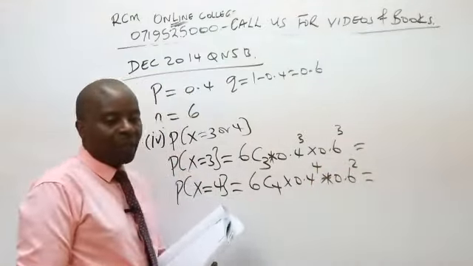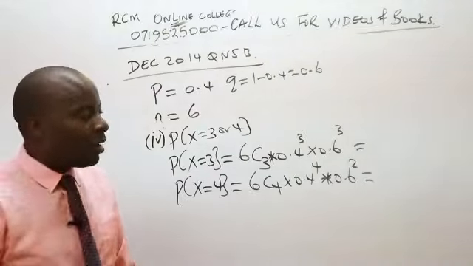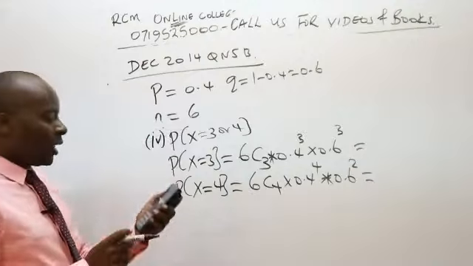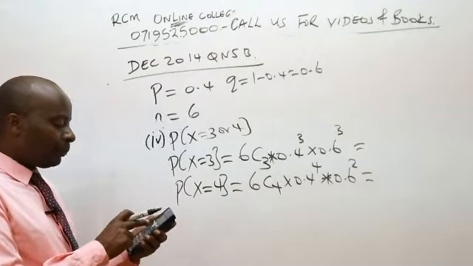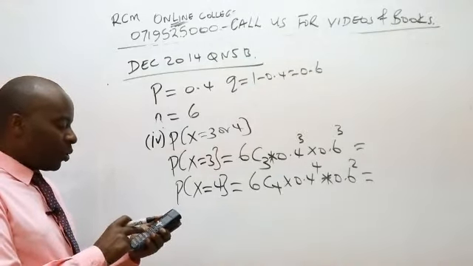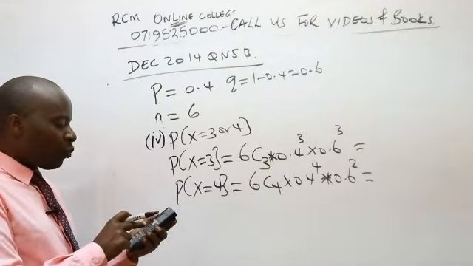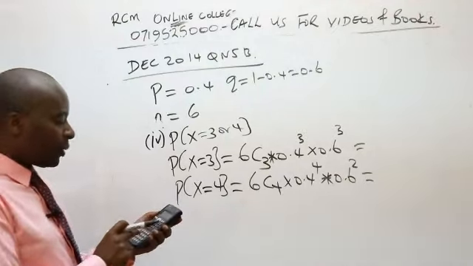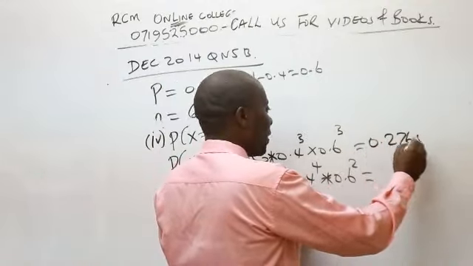So ladies and gentlemen, what you now need to do right away is to have your calculator and evaluate this. So this will be 6 combinations 3, the first one, times 0.4 raised to power 3 times 0.6 raised to power 3 again, which gives me 0.2765.